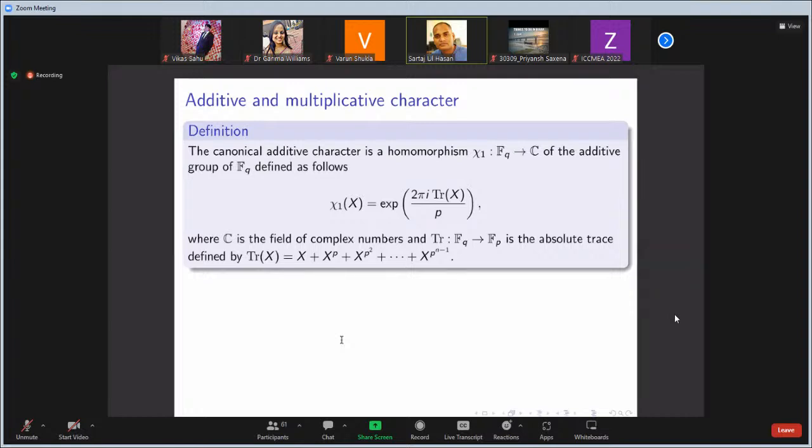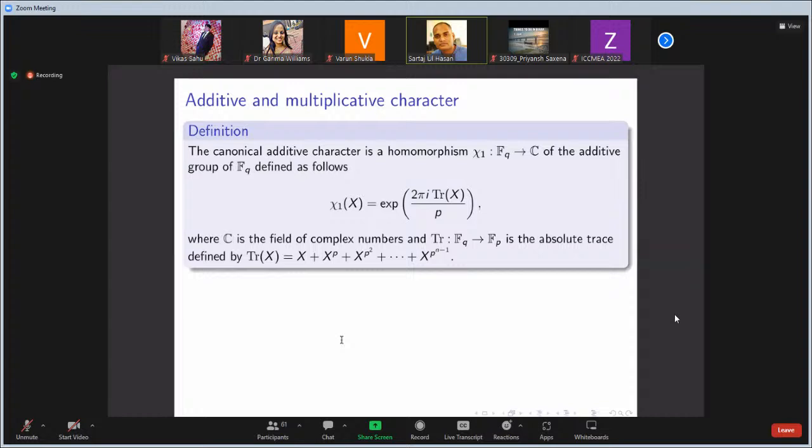A canonical additive character is a homomorphism from the finite field Fq to the field of complex numbers C, defined as chi_1(x) equal to exp(2 pi i Tr(x)/p).